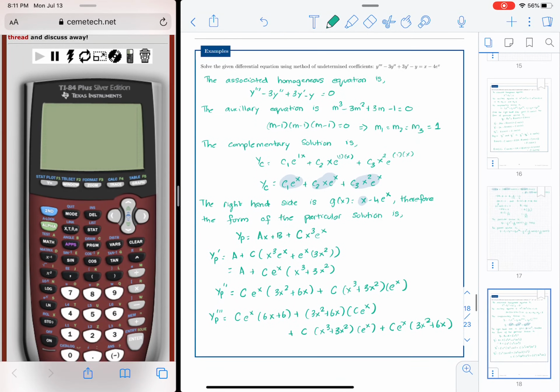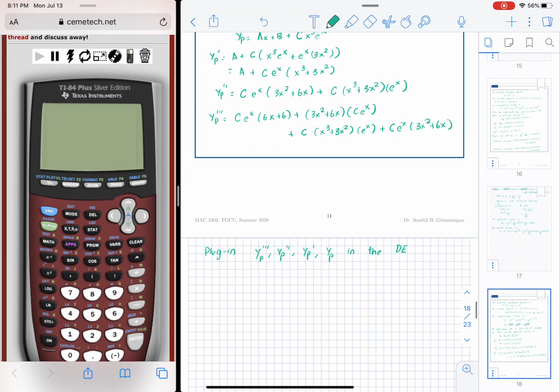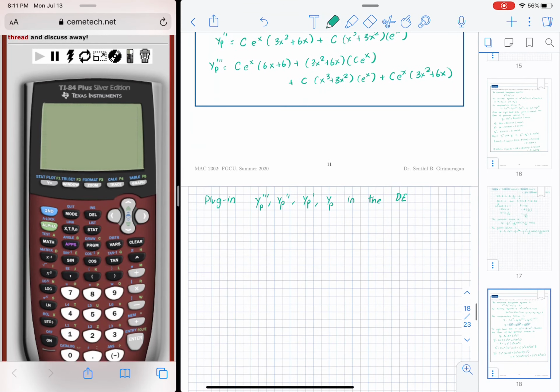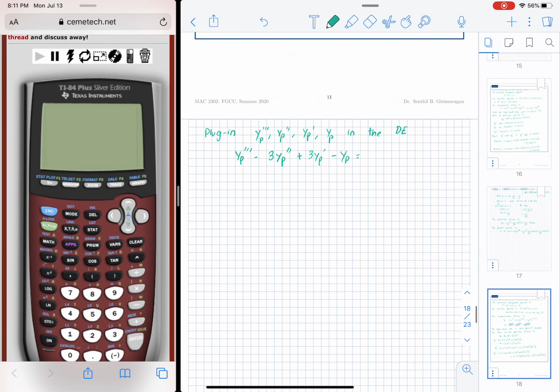We definitely need the x terms and we need the e raised x terms. So what would give us the x terms in this particular equation? Let me go ahead and write the original DE. It's yp triple prime, 3yp double prime plus 3yp prime minus yp equals x minus 4 e raised x.